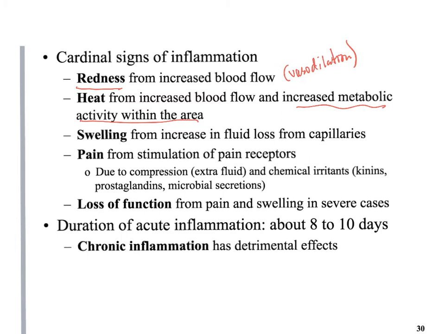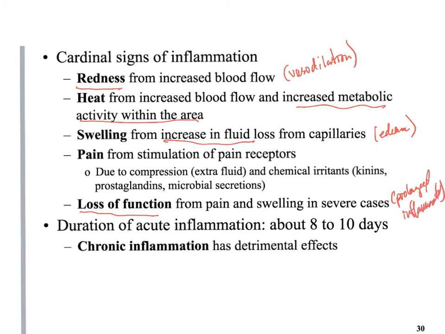You get swelling due to increased fluid, what we call edema, right? That we know what that is. And then pain from the stimulation of pain receptors. So redness, heat, swelling, pain, that's the cardinal signs of inflammation. And then loss of function could happen, from pain and swelling in severe cases or prolonged, especially prolonged inflammation.